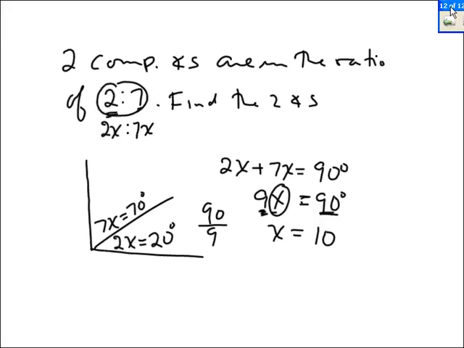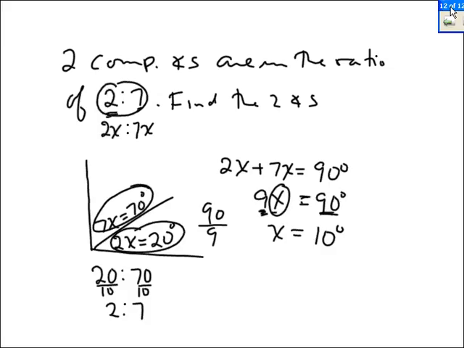And they're in the ratio of 2 to 7. 20 to 70. Well, you can divide both sides in a ratio by any number you want. I choose to divide by 10. And I go, oh, look, I get a 2 to 7 ratio. So x is 10 degrees, but I don't want to know what x is. I want to know what 7x is and 2x is. But knowing that x is 10 was very helpful.